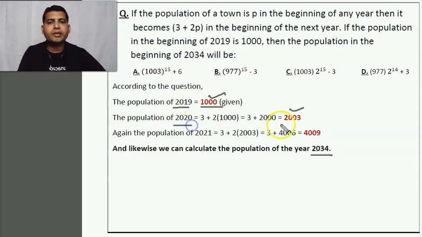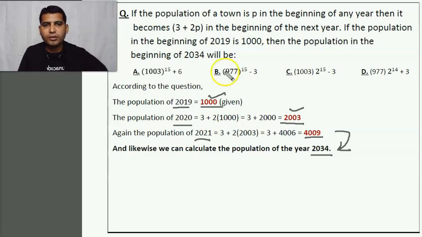In 2020 we already calculated 2003. In 2021 we calculated 4009, and likewise we can calculate the population at the beginning of year 2034, which is asked in the question.